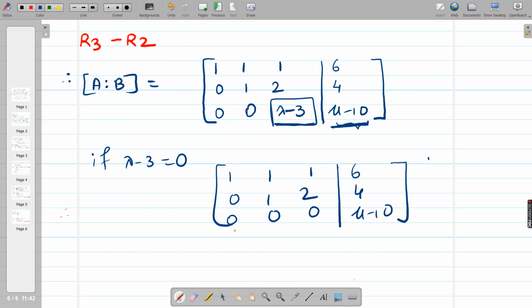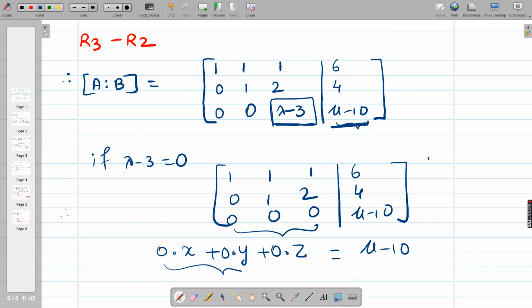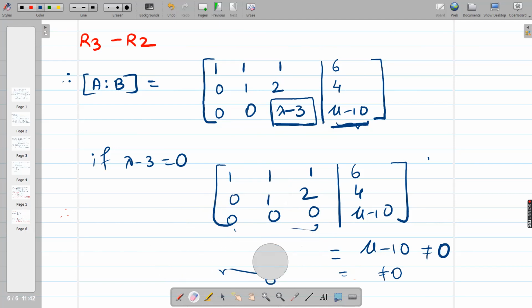Then this is a contradiction, that your LHS is 0 times x plus 0 times y plus 0 times z is equal to something. So this is going to be 0. And how comes that this is not 0? This value is not 0. So if you want to get a unique solution here, this value must not be equal to 0.